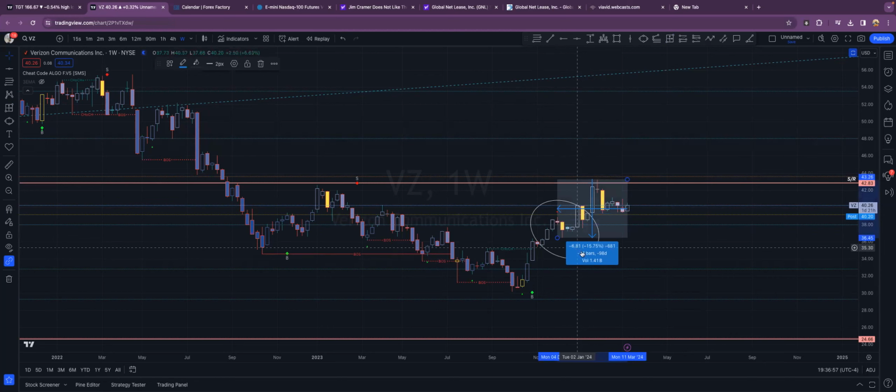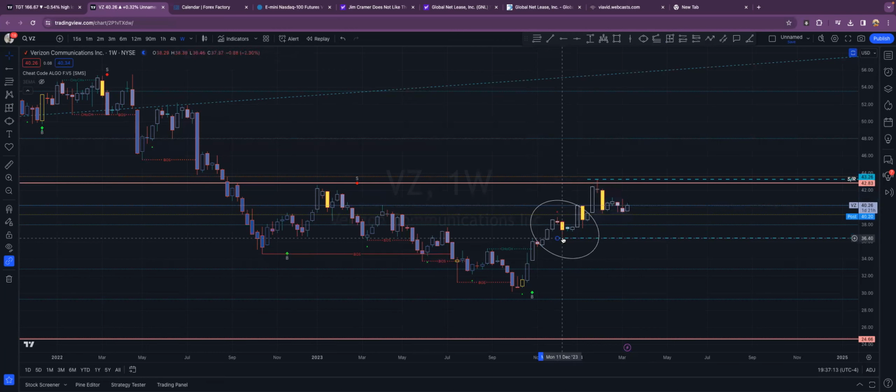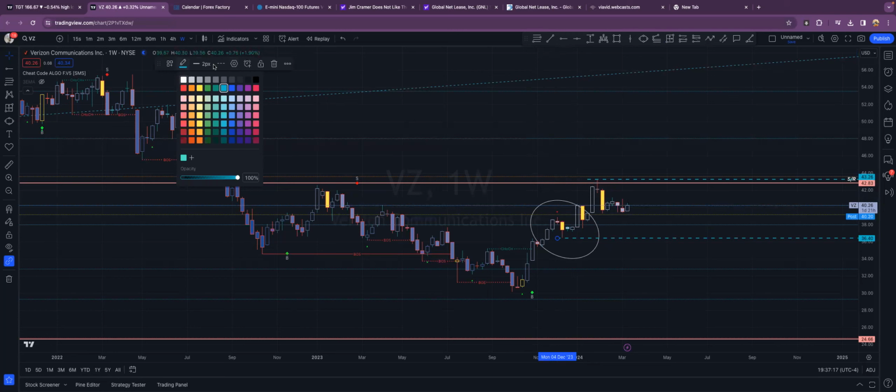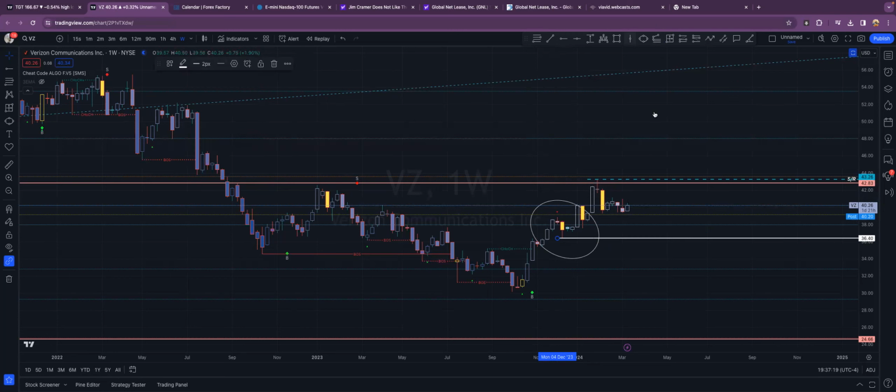Boom. So this is a 52-week range right here. Let's make this a little more expressive so we can make that clear, make it where it's easy to see. Let's talk about it, right?